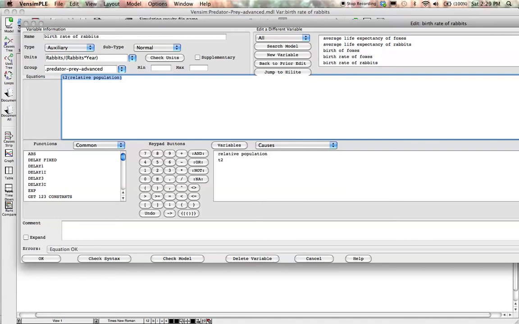There's also a table 1 for the foxes, where essentially the birth rate of rabbits, which is given in rabbits per unit rabbit per year, so it has units of 1 per year, is a table function. It's a lookup table function. Okay, and I want to tell you how that is introduced now.